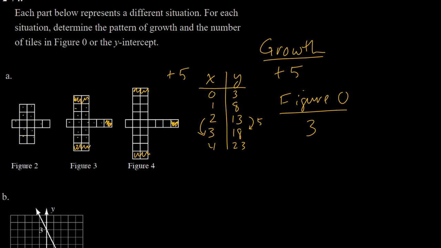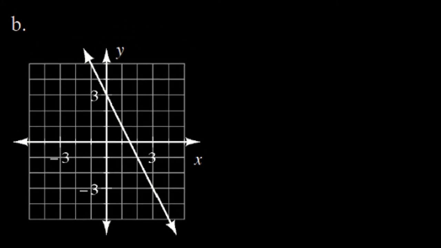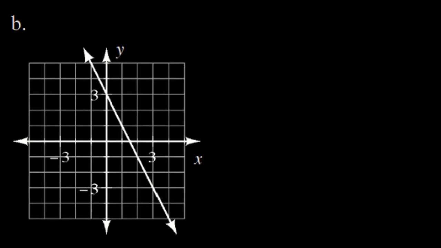All right, let's move on. Here we go. B, not a situation, but a graph. On this one, I can see that as X increases, this is a nice point here, and this is a nice point. So I can see that Y decreases by 2. It went down by 2 when X increased by 1, right? So my change in Y is negative 2, and my change in X is positive 1.